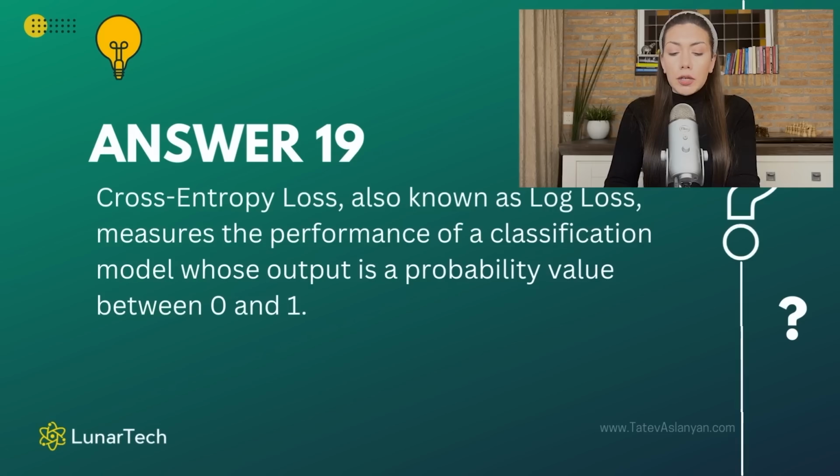So whenever you are dealing with a classification type of problem, let's say you want to classify whether an image is of a cat or a dog, or a house can be classified as an old house versus a new house.